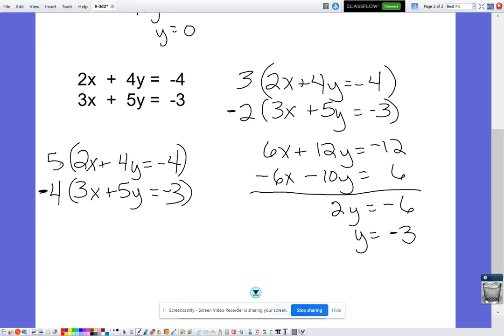Yeah. Okay, so when I multiply by the 5, I get 10x plus 20y equals a negative 20. And I multiply the bottom one by negative 4, I get negative 12x minus 20y equals a positive 12.